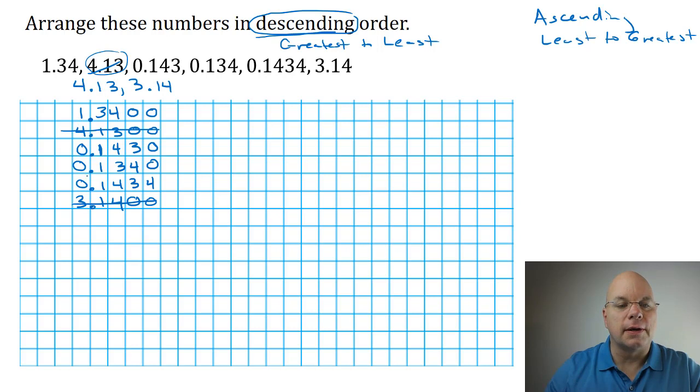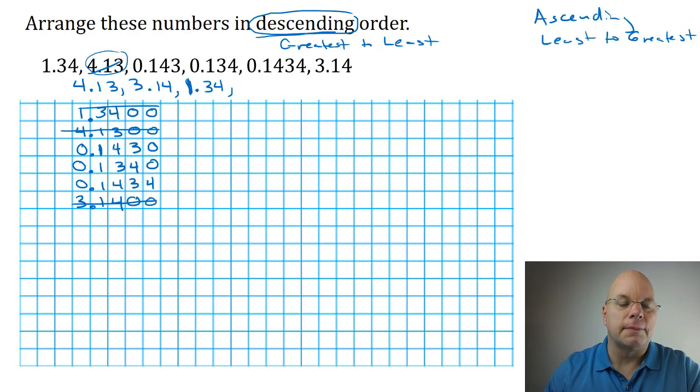The only other one in our list that has a positive number in the ones place is this first one, 1 and 34 hundredths. Now we can't compare these because all of the digits in the ones place are zeros, and then when I go to the next highest place value, the tenths, all of the digits in the tenths place are also zeros.